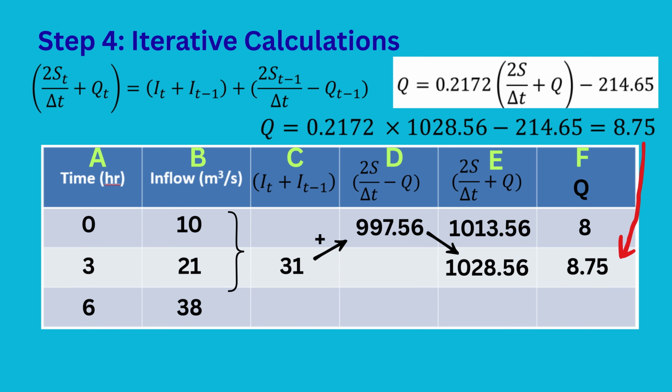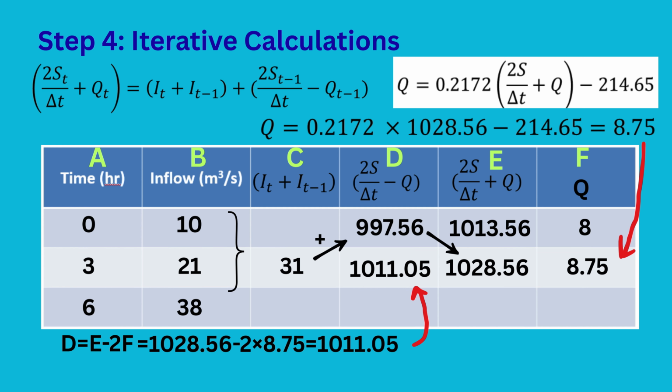This gives us 8.75 cubic meters per second. Finally, we use values in column E and F to find the value of column D. 1028.56 minus 2 times 8.75 gives us 1011.05 cubic meters per second.